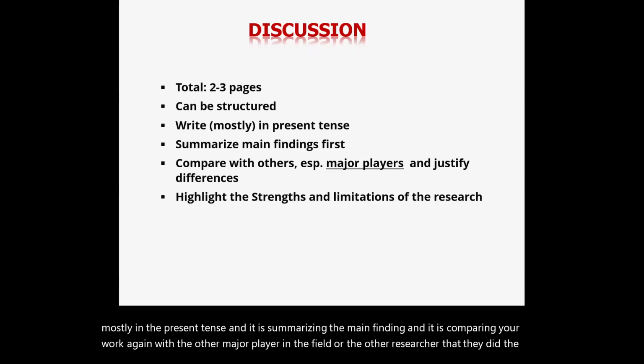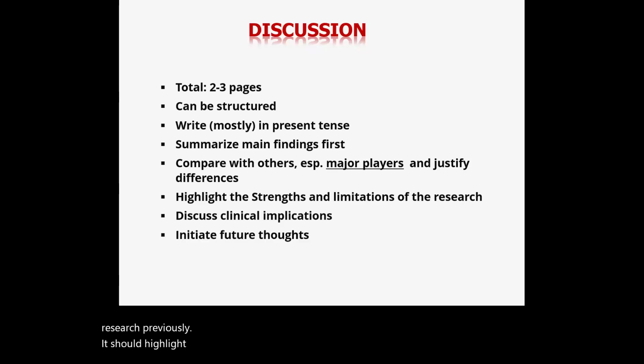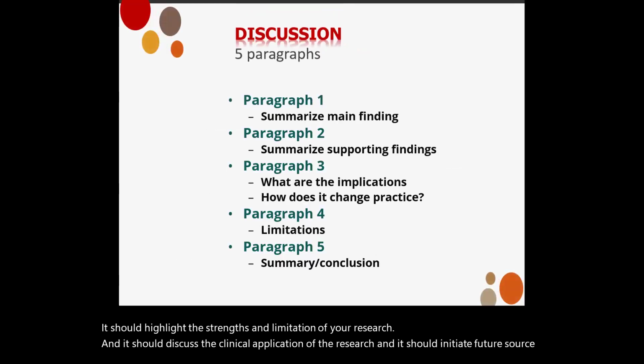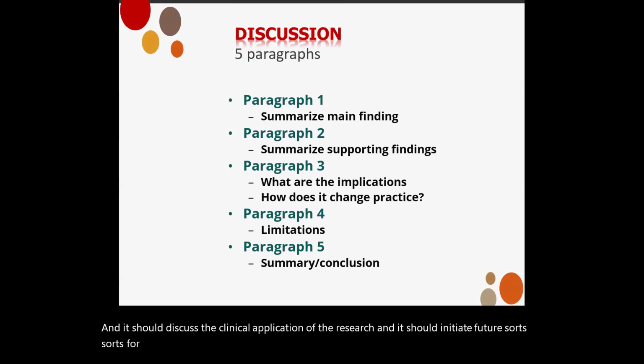It should highlight the strengths and limitations of your research, discuss the clinical application of the research, and initiate future thoughts on this point. So it is written, as we said, in paragraphs, whatever the number of paragraphs. For example, paragraph number 1 will summarize the main finding.